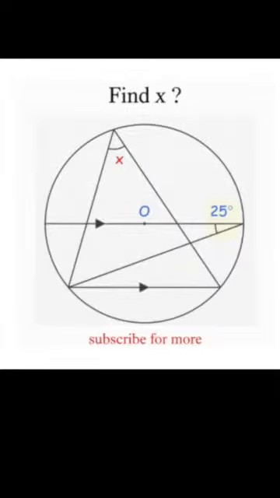Prashant 25. Prashant, 25 is not the right answer. We already had the correct answer along with the explanation. I'm just waiting for anyone else to give any other approach if possible, because there are multiple approaches to this problem.